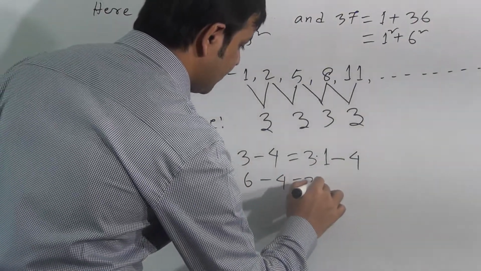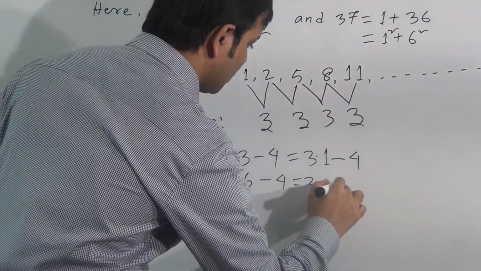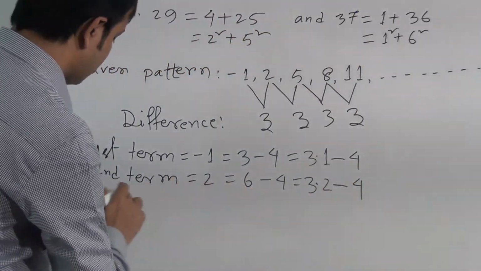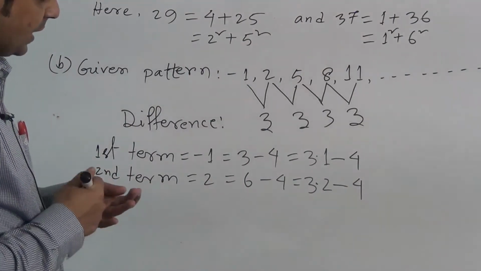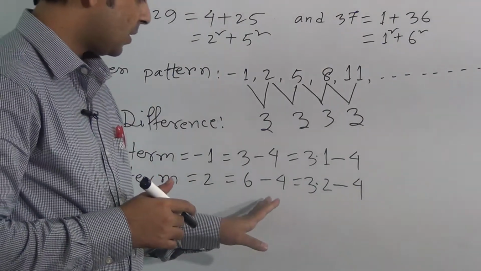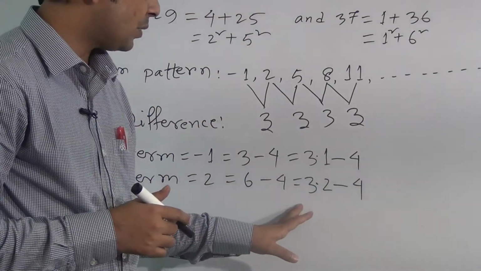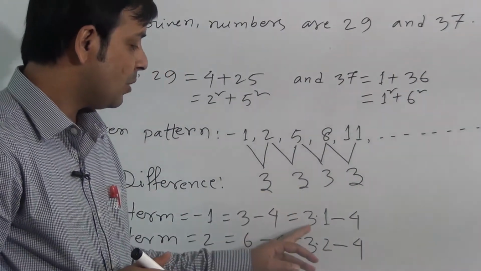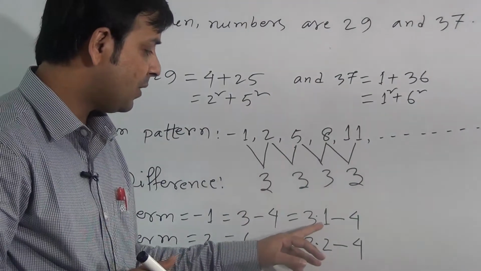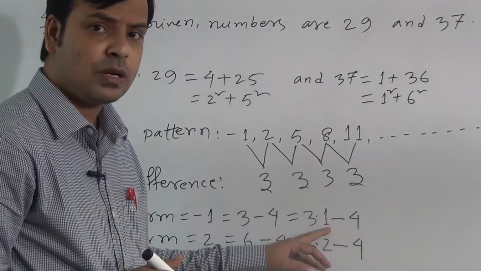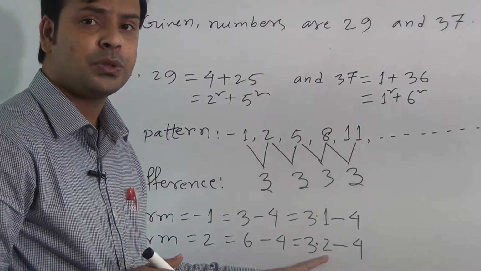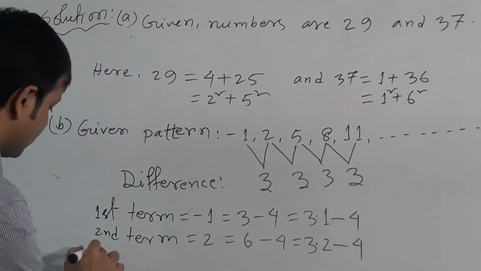So we can write here 3 into 2 minus 4, as 3 2s are 6. I am using a technique to write the terms. Dear students, you have to remember that as the difference is the same, you have to write the difference first, and for the first term you consider 1. For the second term you consider 2. In this way we can write the third term.